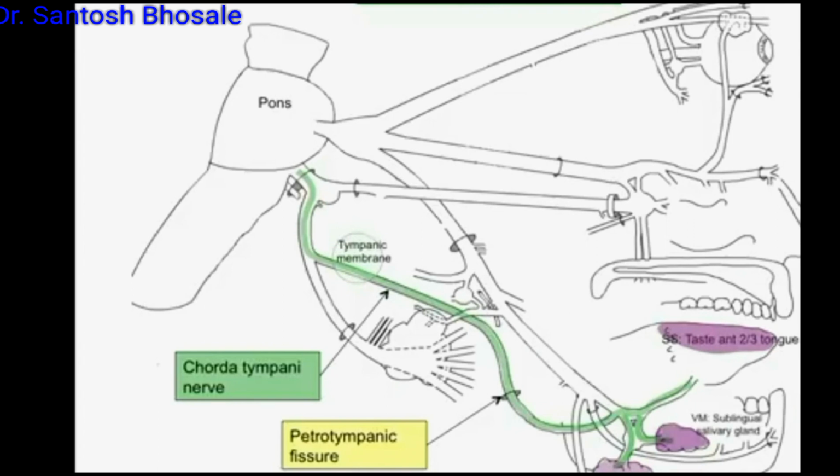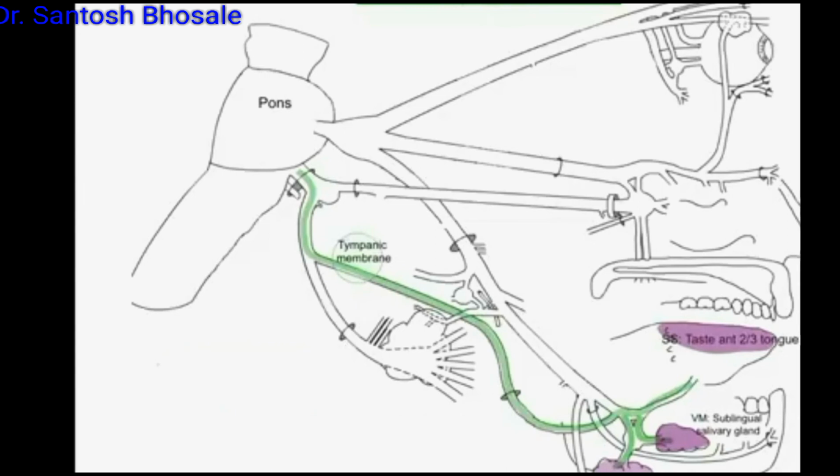It carries taste sensation from the anterior two-thirds and also carries preganglionic fibers from the superior salivatory nucleus, giving them to the glands, the submandibular gland and lingual glands.